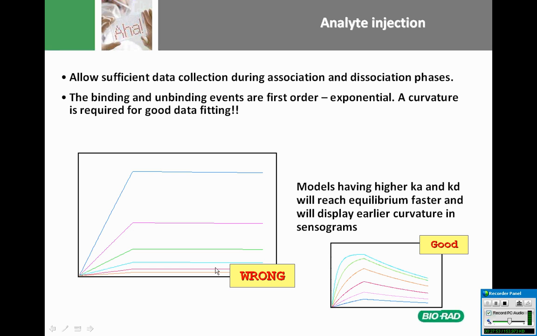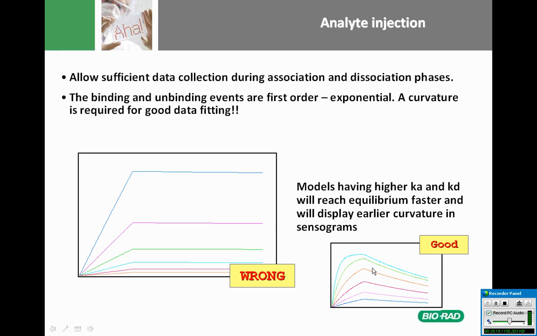In this wrong example, either the concentrations are too low or the analyte injection is too short. So the sensorgrams look linear and do not have any curvature, and there are several ka and kd values that can describe such an interaction. So you will not get reliable kinetic constants after data analysis.